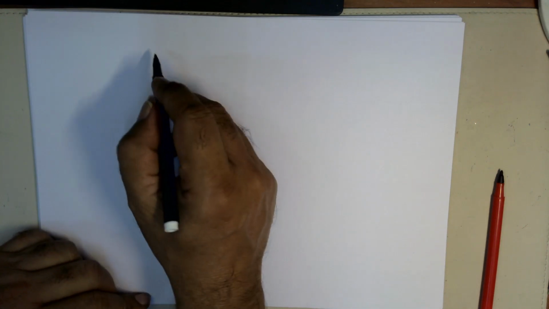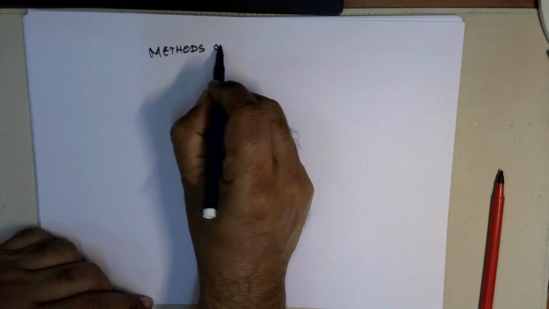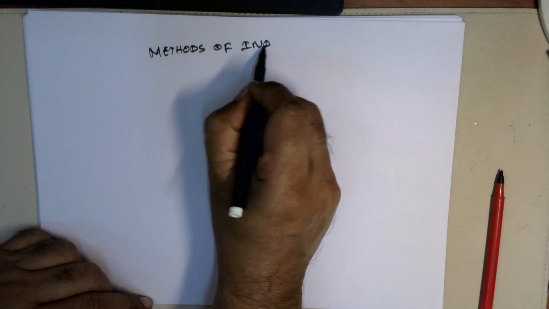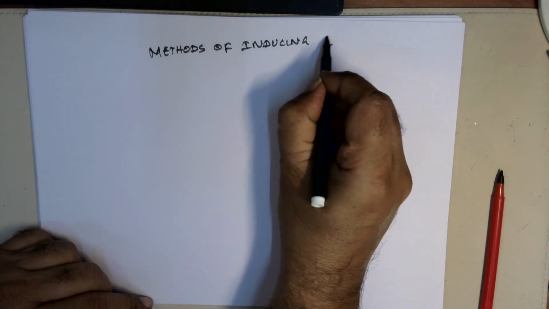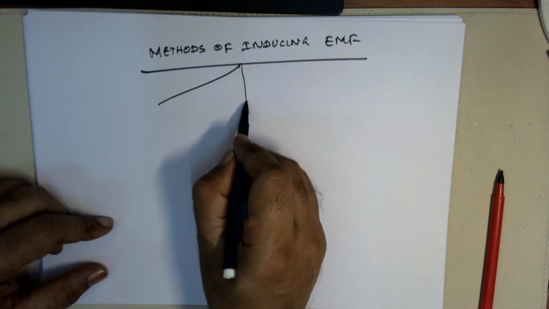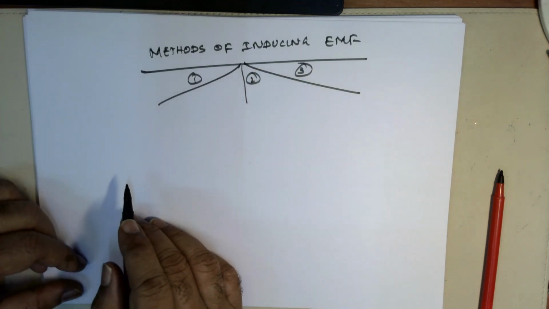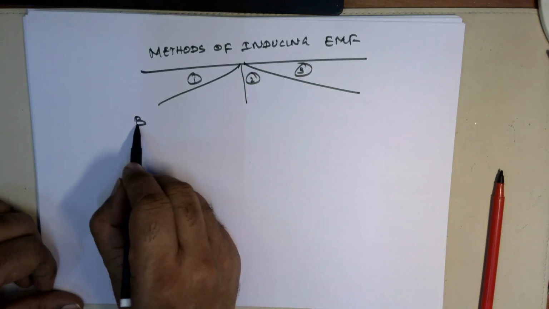So we have discussed various applications of the eddy current. Now let us discuss the methods to produce EMF. Take down the methods of inducing EMF. There are three methods. One is by changing the strength of the magnetic field.